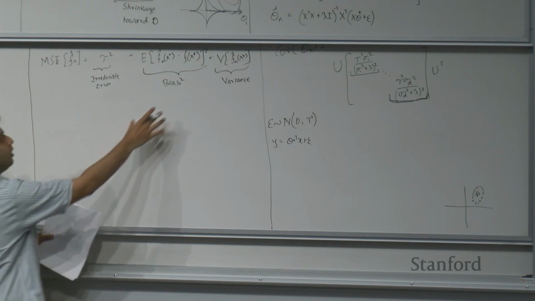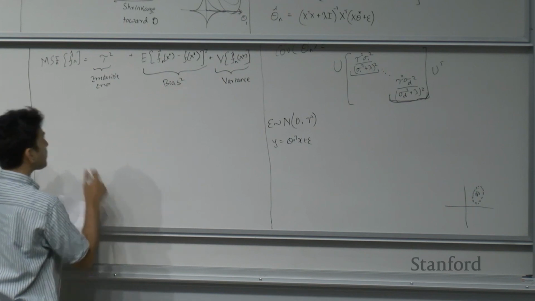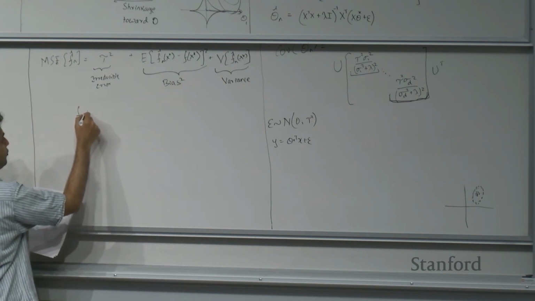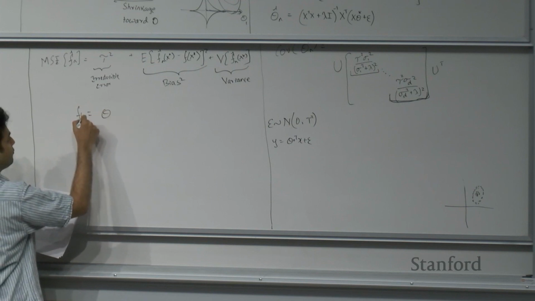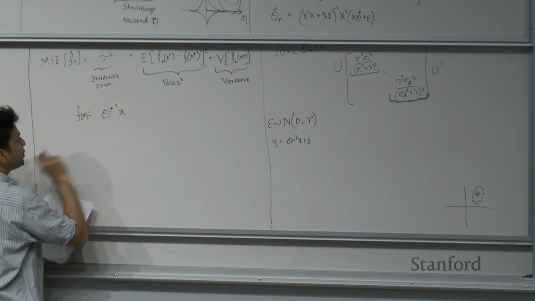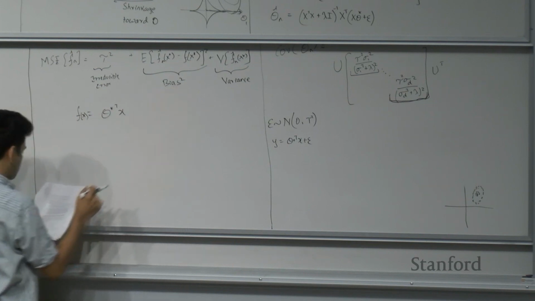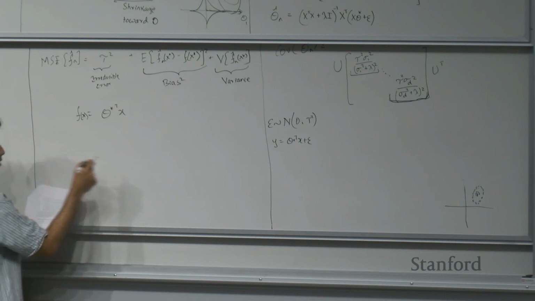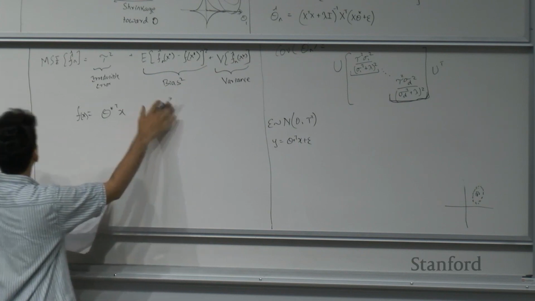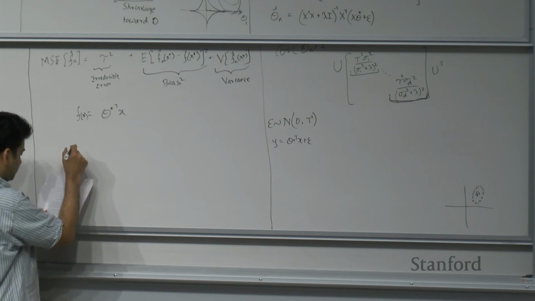So this is our bias, and what we see is if we define f of x to be theta star transpose x, which is the true value of theta, then the bias of the predictor will relate to the bias of the estimator in this way.